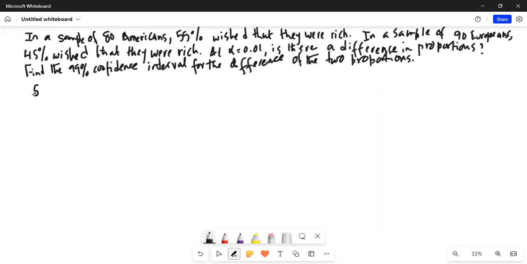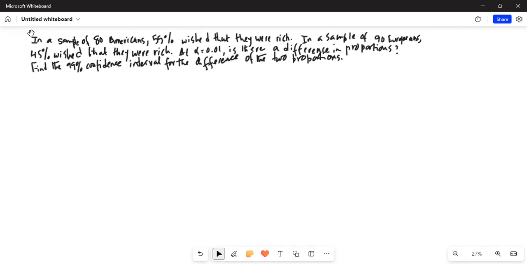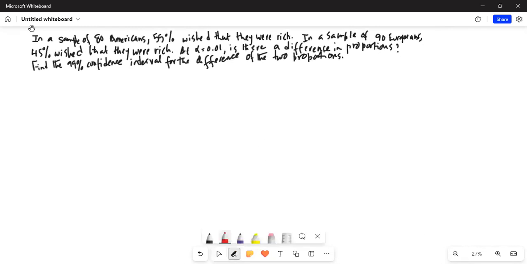Solution. Let me change the color of the ink. So solution.